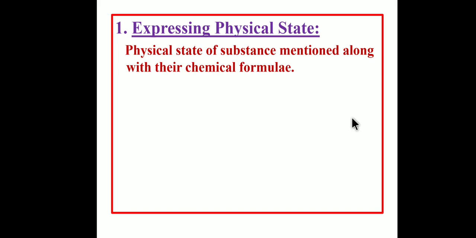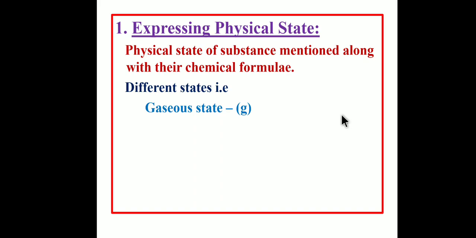There are different types of states. The first one is the gaseous state. If any one of the reactants or products is in the gaseous state, we have to represent it with G in brackets.